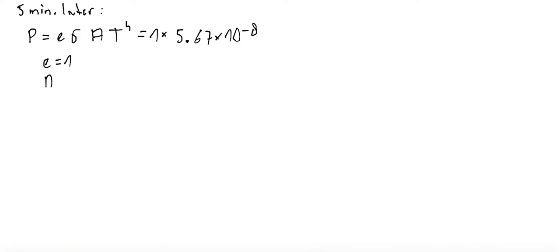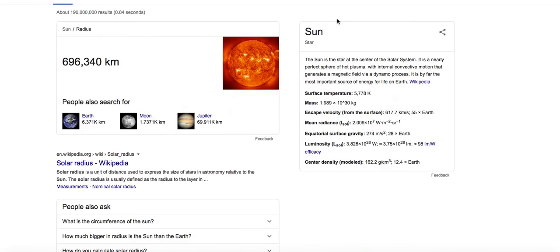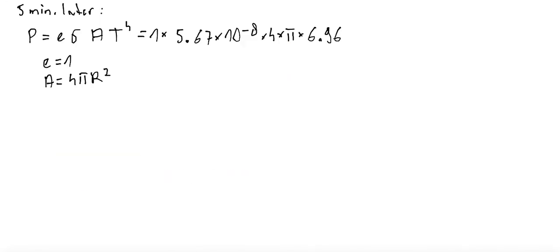The surface area is the area of the sphere, 4 pi r squared, so times 4 times pi times the radius, which was 6.96 times 10 to the power of 8, squared, times 5800 to the power of 4.